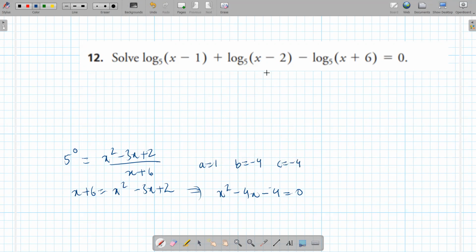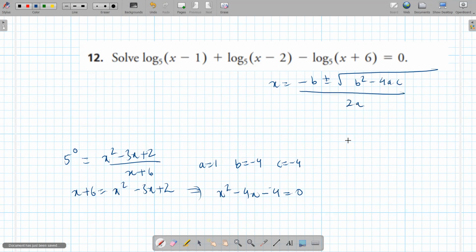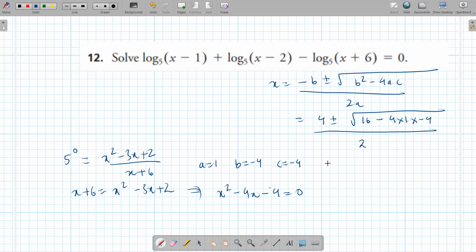Okay. Quadratic formula, x equals minus b plus minus the square root of b squared minus 4ac, all over 2a. Yeah. And minus b just becomes plus 4, plus minus the square root of negative 4 squared, which is 16, minus 4 times 1 times negative 4, all over 2.